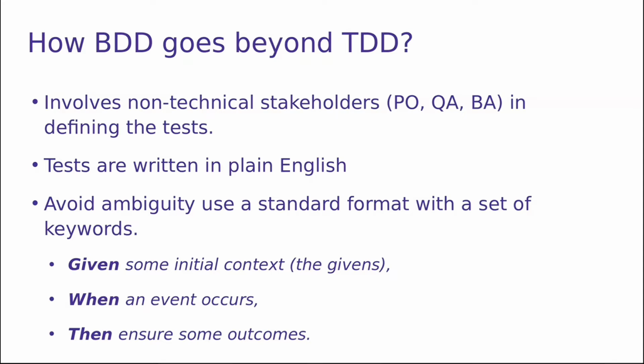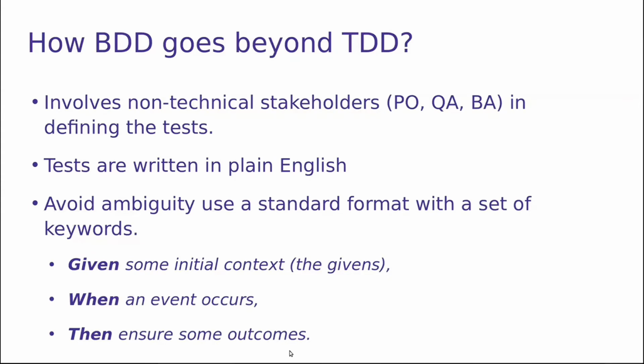So it's like, given one or more contexts, when a particular event occurs, what would be the outcome? This is the format that BDD recommends we use in defining a particular scenario.